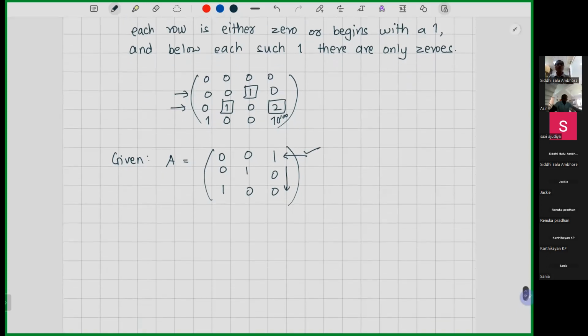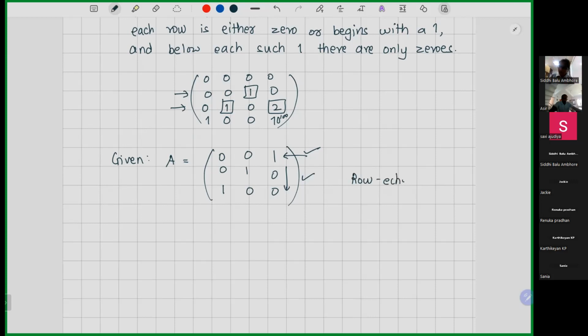Now the second row: the first non-zero entry is this one, and below it everything is 0, so we are fine with the second row as well. Similarly, in the third row the first non-zero entry is 1 and there is nothing below it. So this matrix A is in row echelon form.